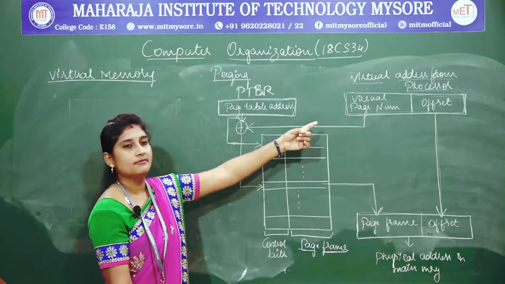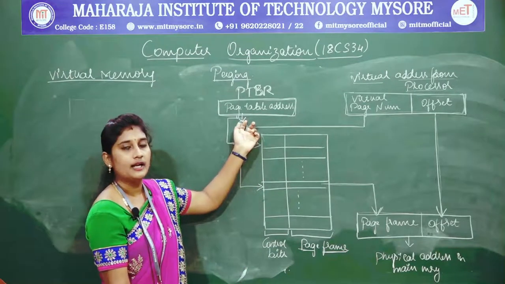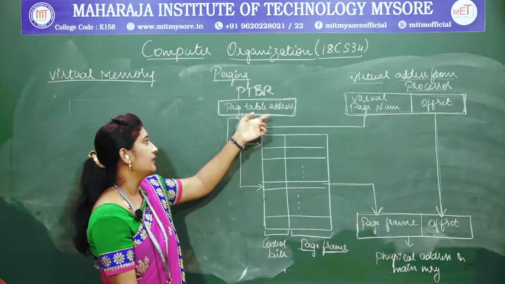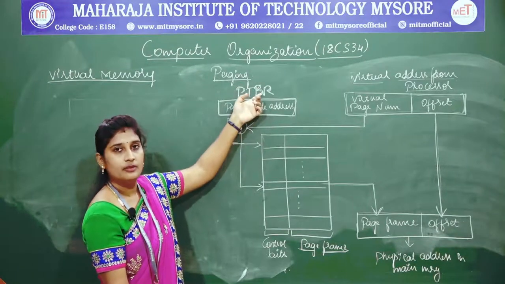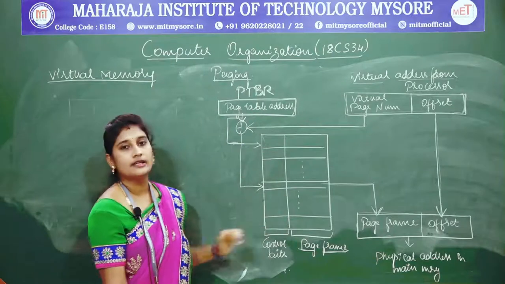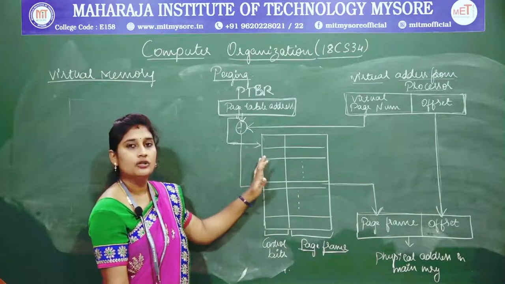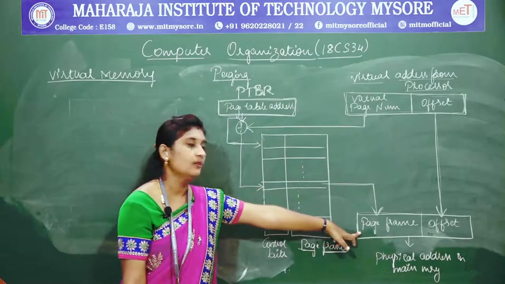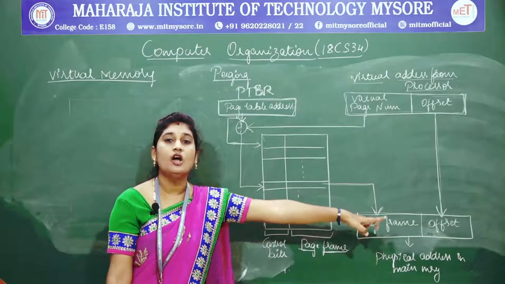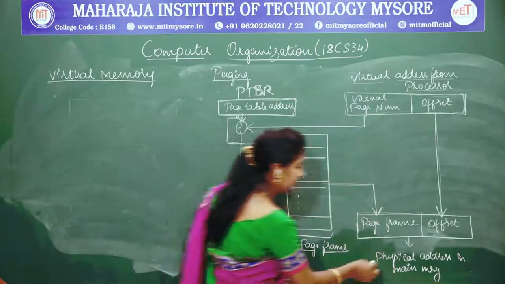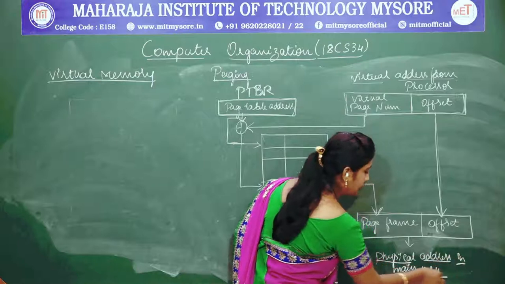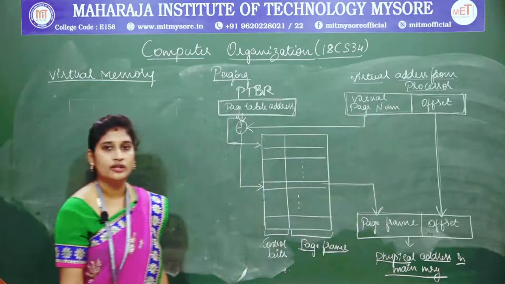So the virtual page number is added to the PTBR, and you find the entry in your page table. To that page table content, you add the offset, which gives the physical address of your main memory.